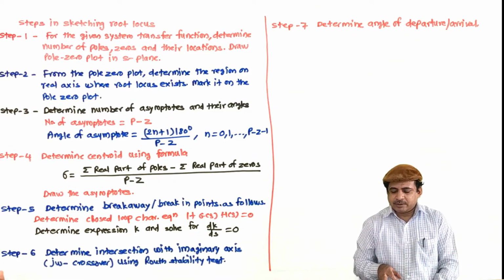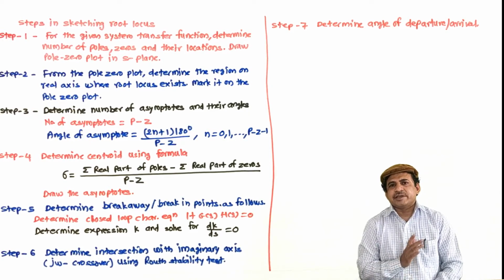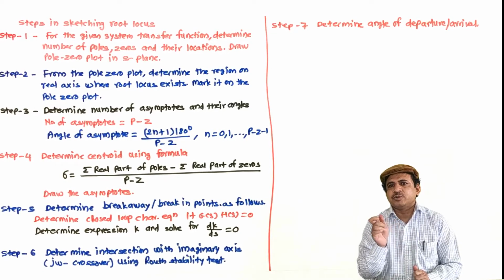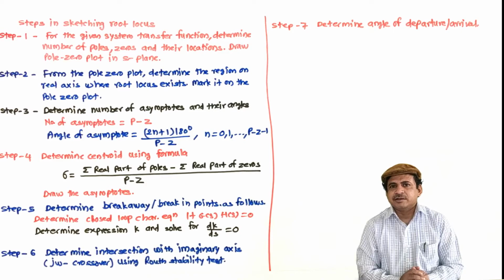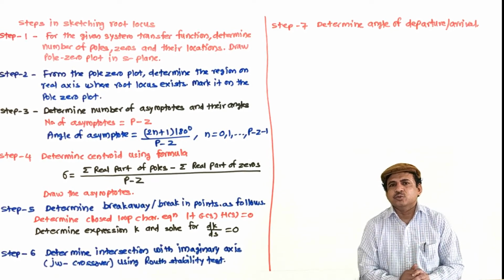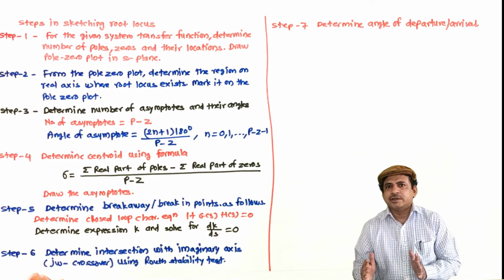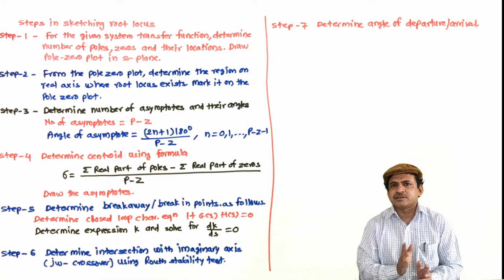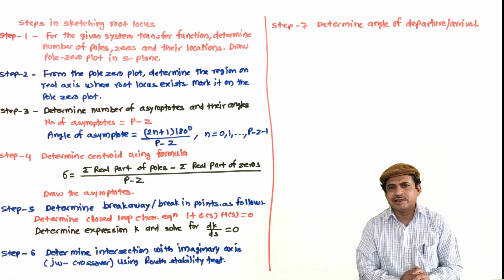Step number 6 is also optional, because in some cases the range of k in the Routh stability test comes 0 to infinity. In that case the root locus will never intersect the imaginary axis, and this happens when P minus Z is less than or equal to 2 and all open loop poles or zeros are in the left half of the S plane. In that case the root locus never enters the right half of the S plane, the system is unconditionally stable, and step number 6 is not required.